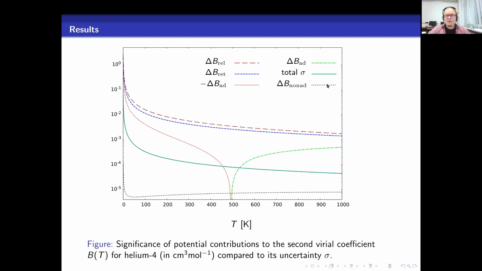This non-adiabatic contribution is basically the difference between the fully non-adiabatic calculation, as shown with this nuclear-motion equation, and this simplified form where the nuclear mass is just replaced with the atomic reduced mass in the equation, and we can see that they are way below sigma. So it's also another argument for this quite illegal but effective practice that was observed in the literature.